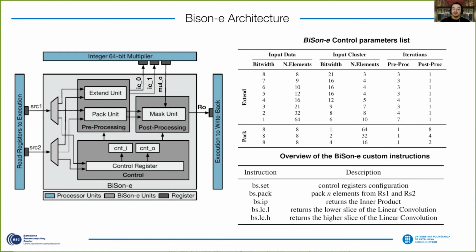The BS pack is used to pack data and to keep data compressed in memory, while the BS-EP is used to compute the inner product, and the BS-LCL and the BS-LCH instructions are used to compute and return the lower slice and the higher slice of the linear convolution. Remember that the output of the linear convolution is a 128-bit result, and so the output that has to be written back in the register file has to be partitioned into different instructions.